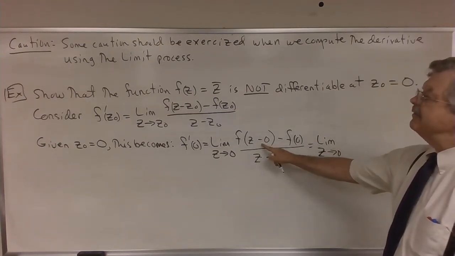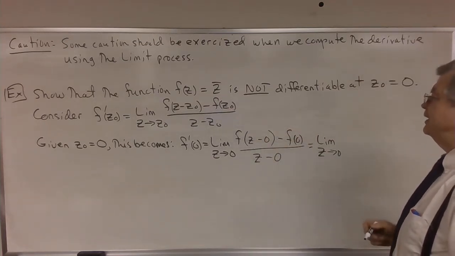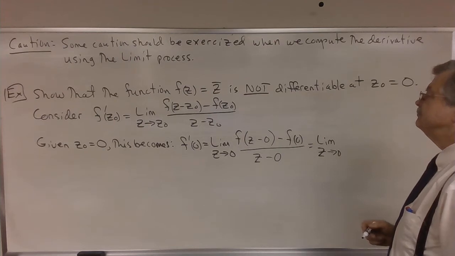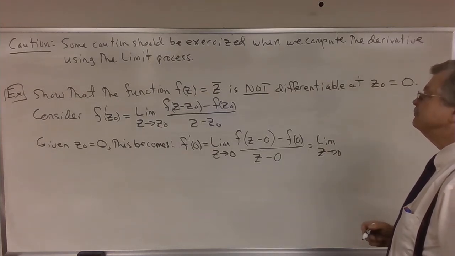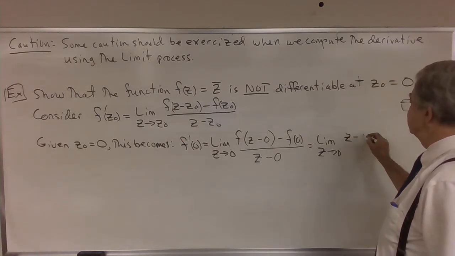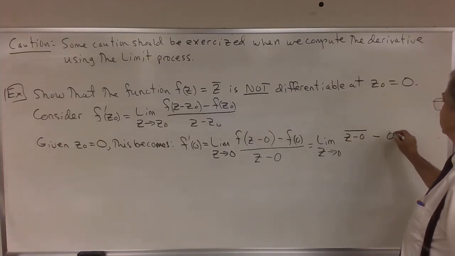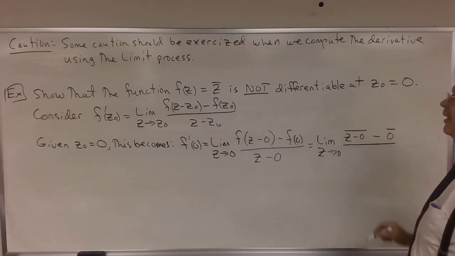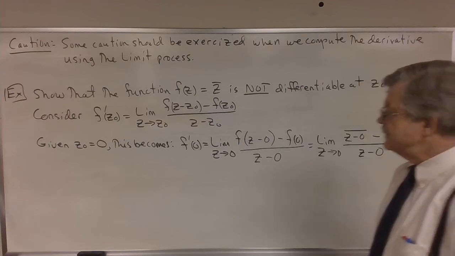Let's see, what is f? f is z conjugate. So we have z minus 0 conjugate minus 0 conjugate, all over z minus 0.